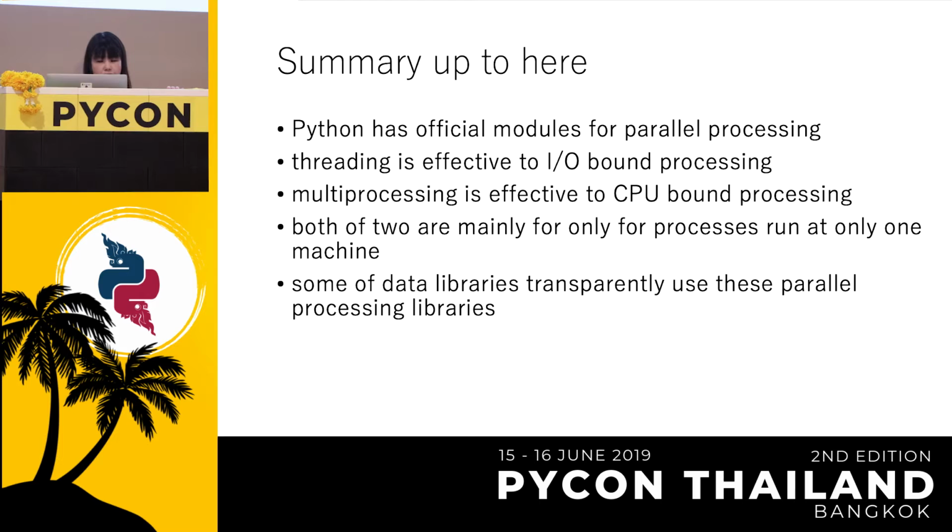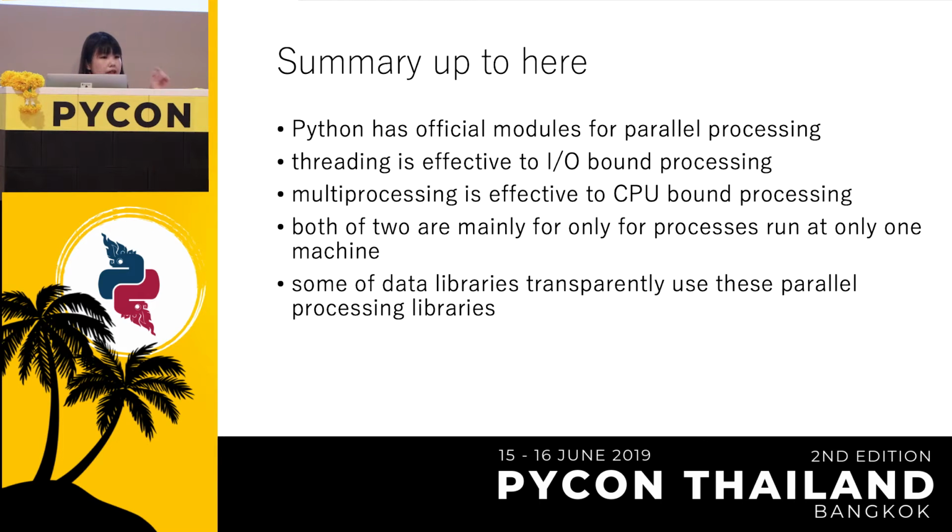For example, NumPy is multithreaded with BLAS or C implementation. It doesn't use Python's multithreading or multiprocessing, but uses C layer multithreading. Or scikit-learn depends on Joblib.